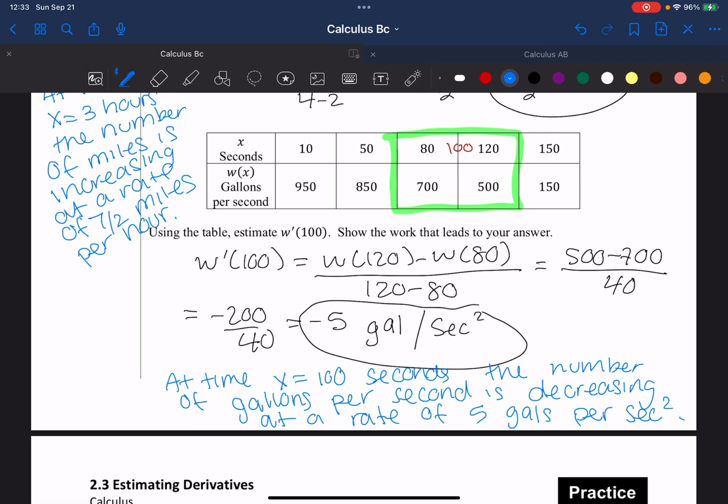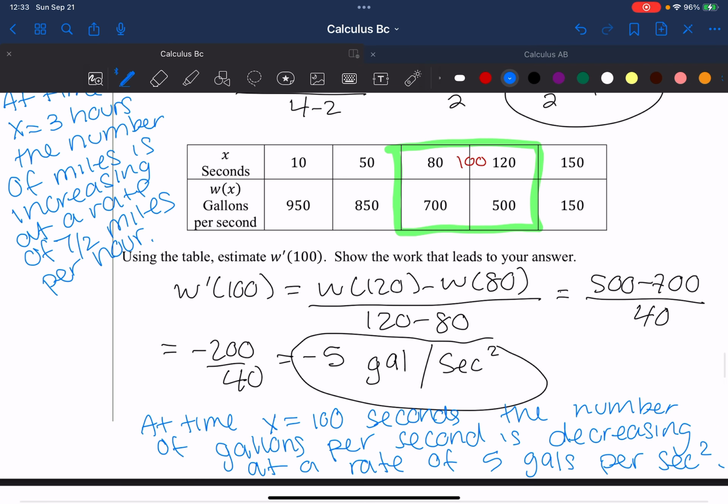Okay, notice that since I mentioned decreasing, I did not have to put at a rate of negative 5. Okay, it is counterintuitive to write both. So just write decreasing and then write your number.